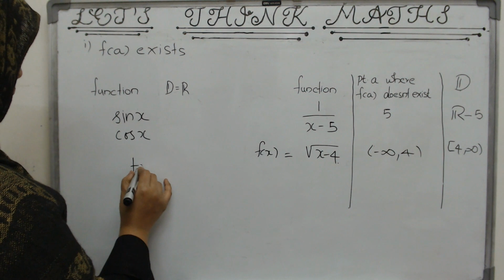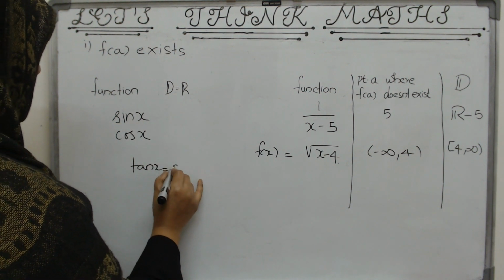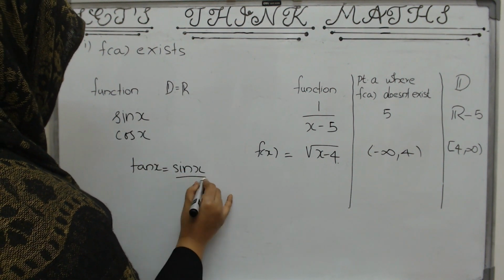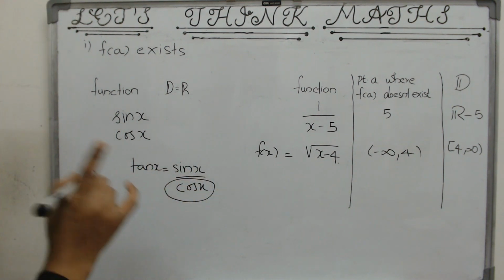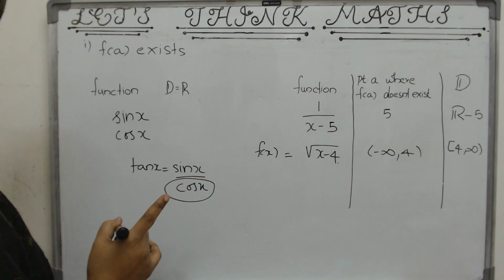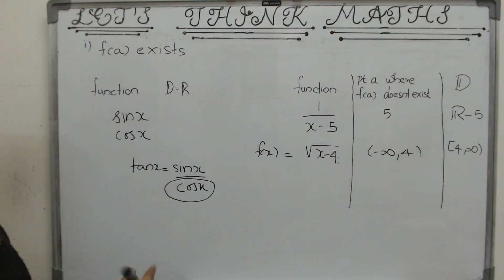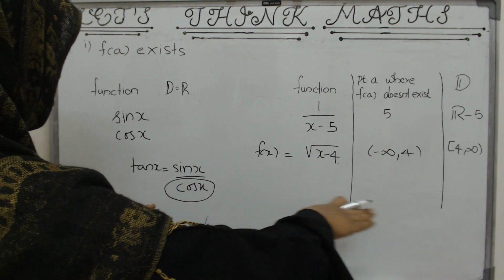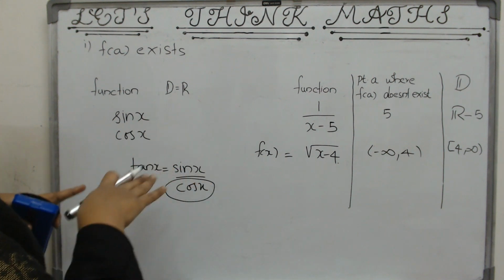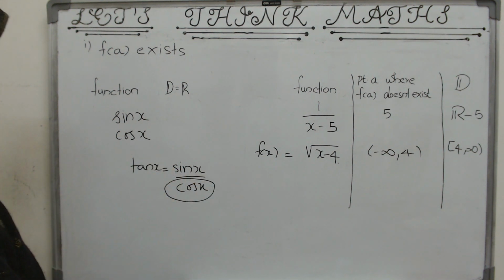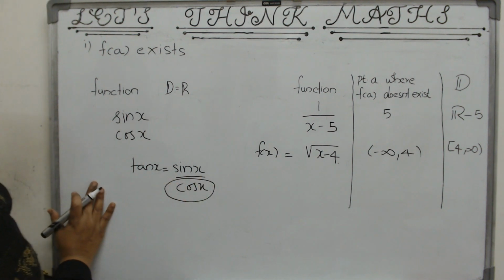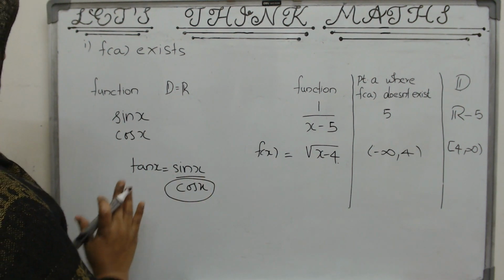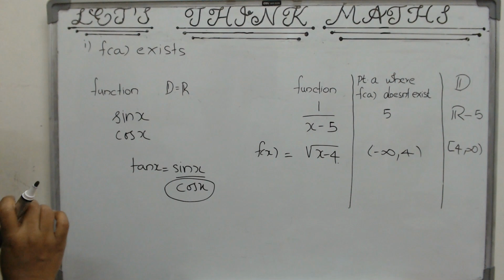But then, what about tan x? Tan x is sin x by cos x, right? So once you have a denominator, you have a problem. Your denominator cannot be 0. If your denominator is 0, that means it is going to tend towards infinity. That means it will stop being finite. We cannot have that. So we have to remove the angles for which cos x is equal to 0.